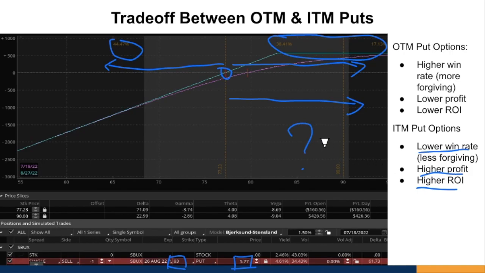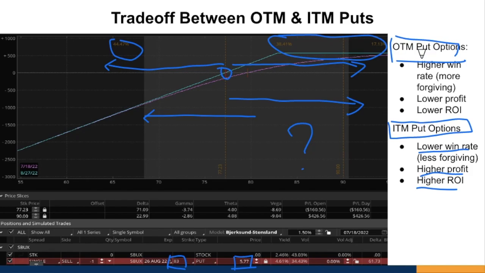Because if the moment you sell the out of the money put option, the market all of a sudden just rallies, then you would have made more money with the in the money put option. But on the other hand, if you sold an in the money put option and then the market started to tank, you would have regretted it.